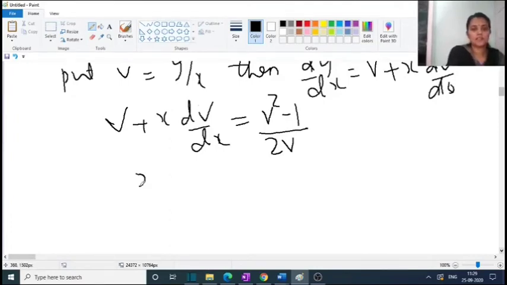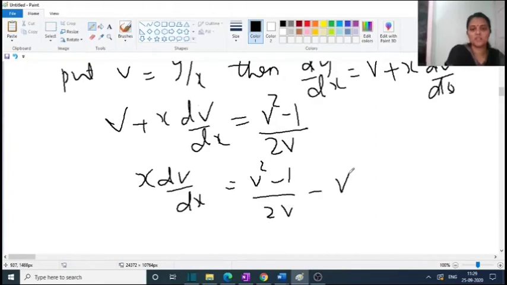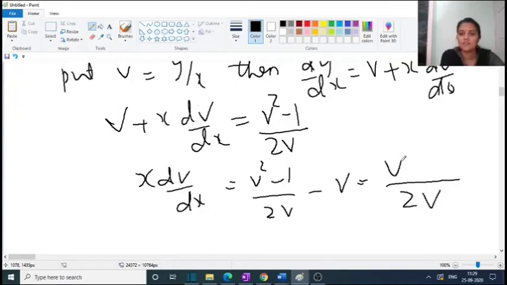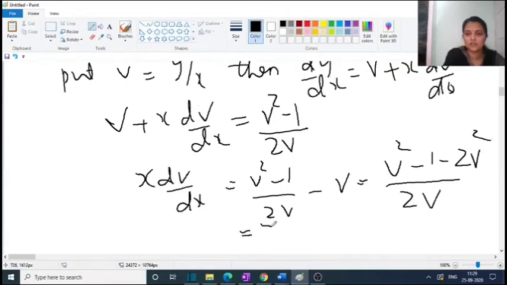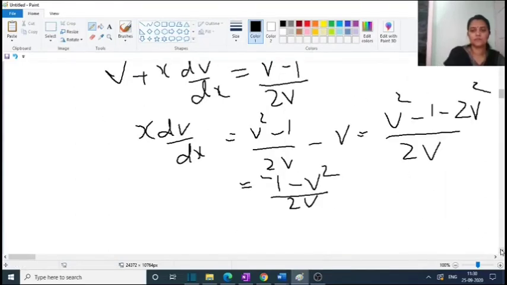So we could write x dv by dx is equal to v square minus 1 by 2v minus v, which, taking the LCM 2v, is v square minus 1 minus 2v into v, that is 2v square, which is equal to minus 1 minus v square by 2v. That is, x dv by dx is equal to minus 1 minus v square by 2v.